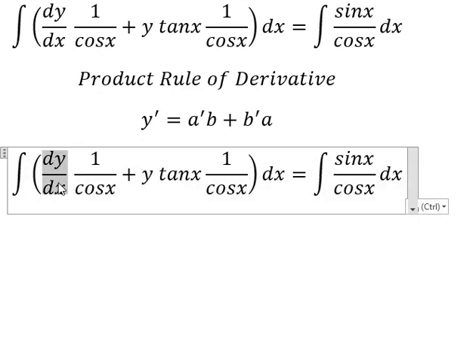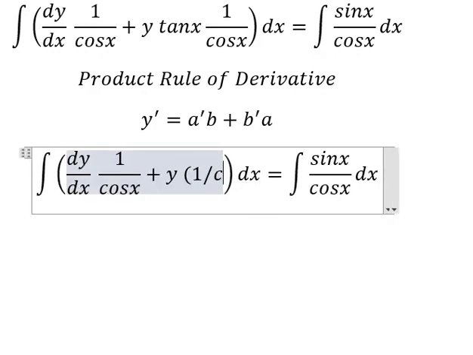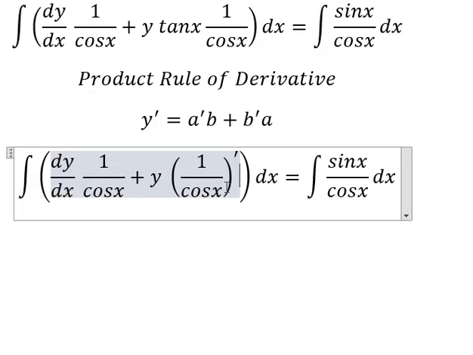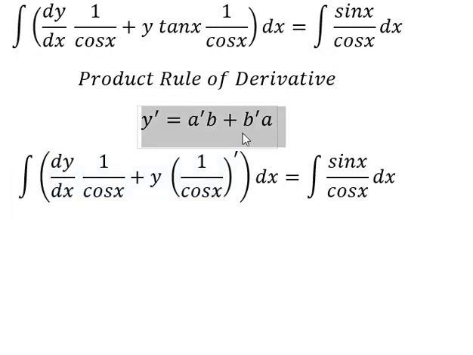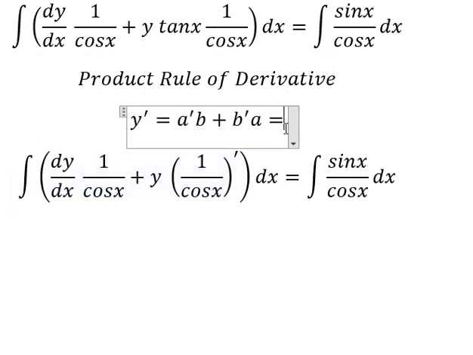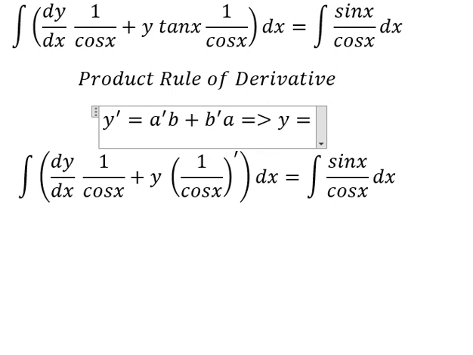So this one is the first derivative of a multiplied by b. This one is the first derivative of b multiplied by a. So the integration of this one gives us y equals ab.